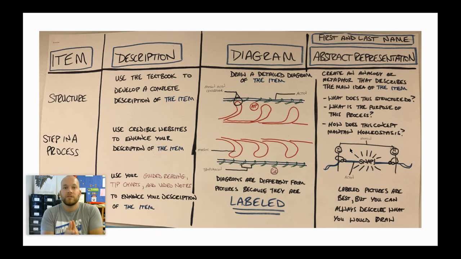Be the kid who always uses this TV show as an example, and use it to explain anatomy, and it'll help you demonstrate your understanding. And you'll find that the best way to learn something is to teach it. And that's what an abstract representation is trying to do. It's trying to get you to take the description and the diagram that you've created with help from the book, and then the abstract representation is you alone. You are creating this to describe how well you know this structure, concept, or step in a process.